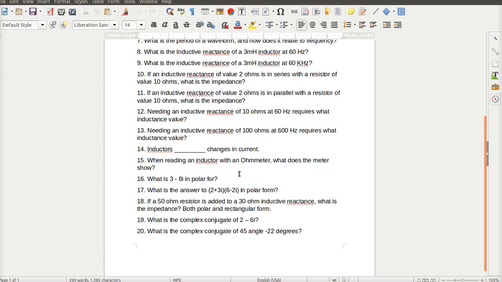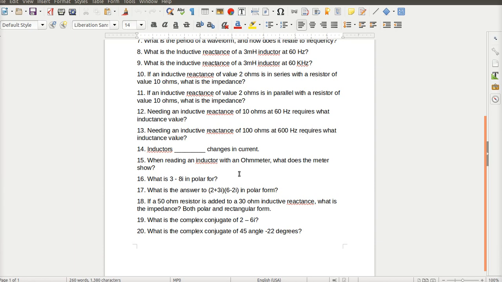Alright, now you got some understanding of what they are. Now how to measure them. When reading an inductor with an ohm meter, what does the meter show? Once you know how an inductor is made, you will realize that it should show some ohms, but it will not show the inductive reactance of that inductor.